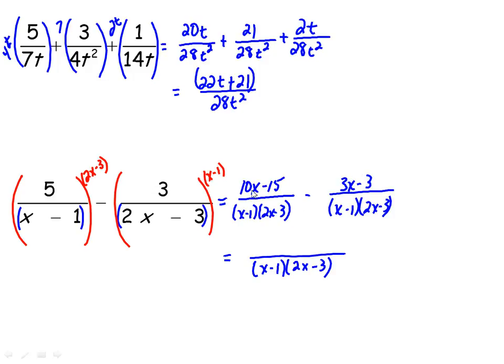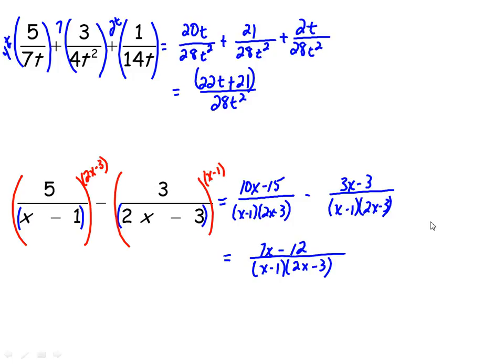So what we have is 10x minus 3x, which is going to be 7x. And then we have negative 15 minus a negative 3. Put it in your calculator if you need to. Negative 15 minus a negative 3, which is going to give us what? Negative 12.